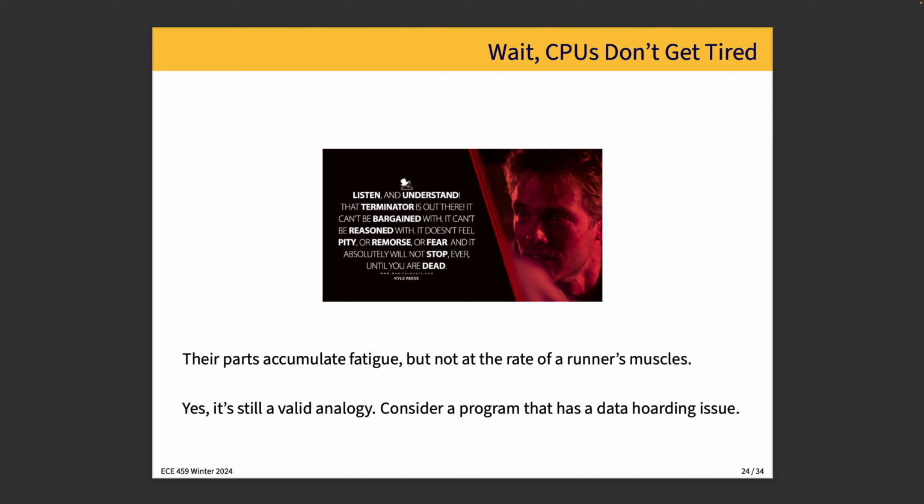But it's still a valid analogy, at least I'm going to argue that. A process that has a data hoarding problem is slowly accumulating memory usage, and when its memory space is exhausted, you might encounter a hard stop, like you get a java.lang.OutOfMemoryError: Java heap space kind of thing, or you just get a degradation of performance based on the increasing amount of swapping memory to disk that is required.